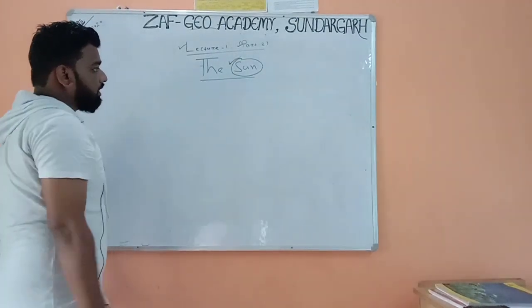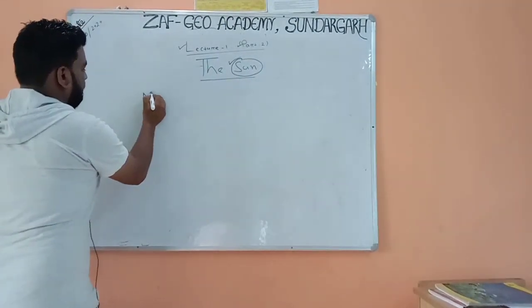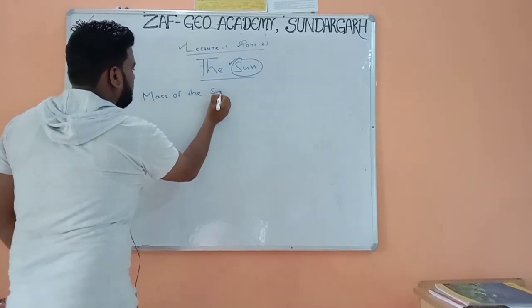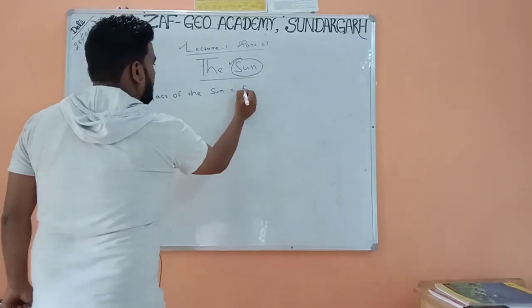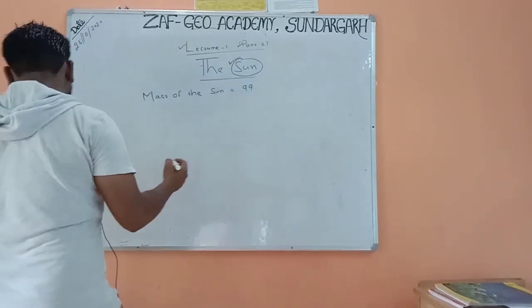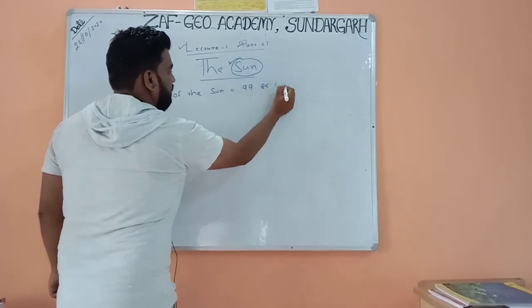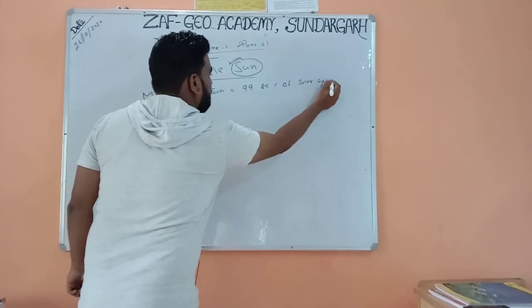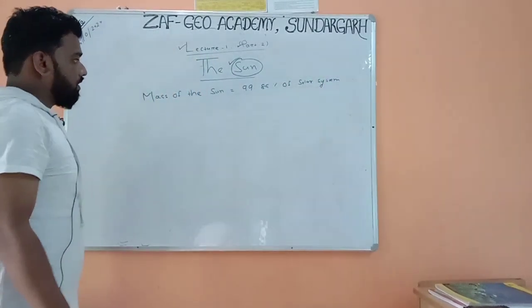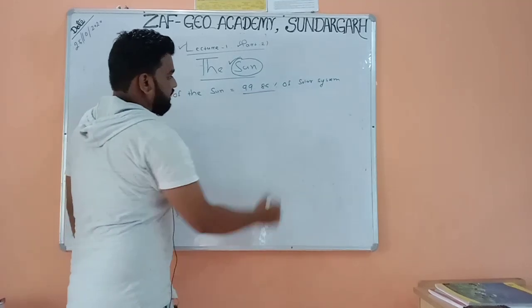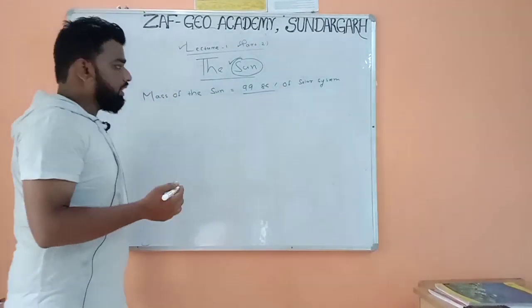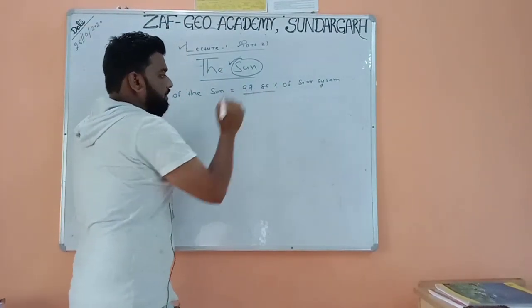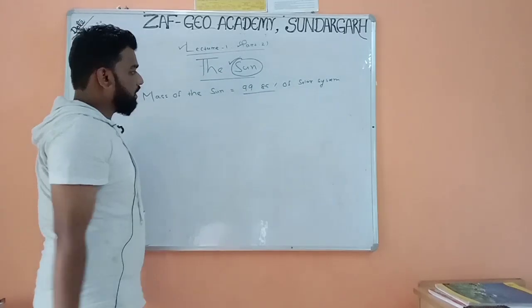The mass of the sun is 99.85% of the solar system. So 99.85% of the mass of the solar system is contributed by the sun.